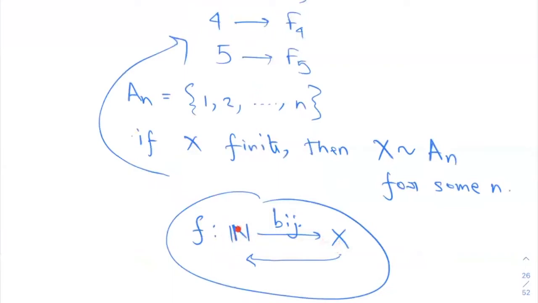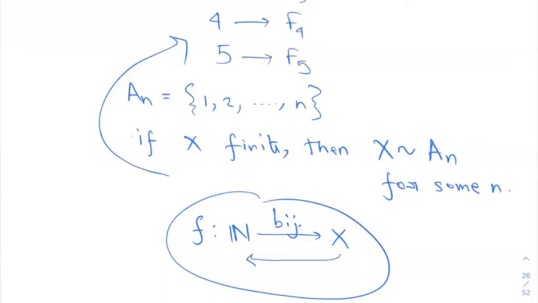Using this bijection, I'm going to start counting elements in x: 1, 2, 3, 4, etc. So I'll start counting in x as a1, a2, a3, etc., because of this bijection. If 1 is not equal to 2, then a1 is not equal to a2.